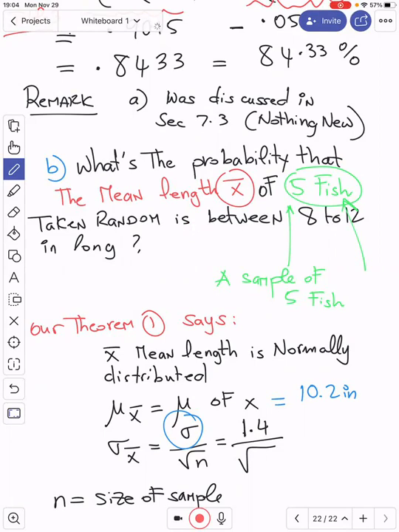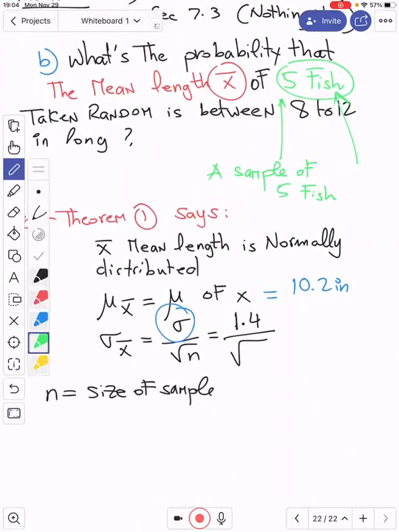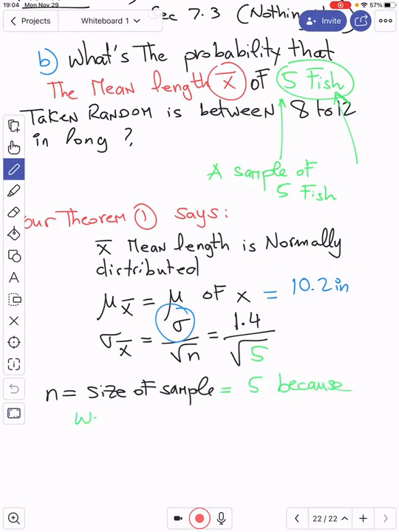So the size of the sample is 5, because we have a sample of 5 fish.